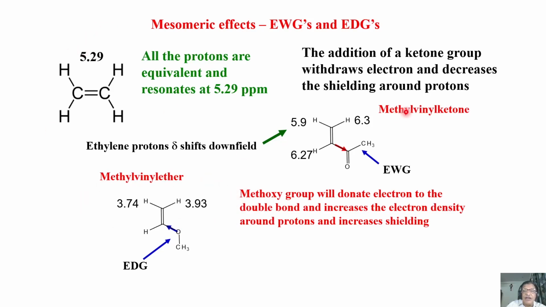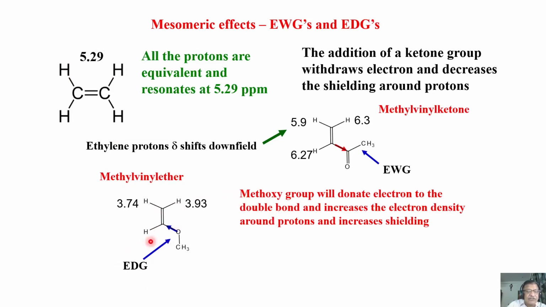Unlike in the previous molecule, instead of moving downfield, in this molecule the protons started moving to high field. Remember, instead of 5.29 ppm of ethylene, these protons started moving at 3.74 and 3.93, much lower than 5. Of course, there is a value for this also. I didn't write it down because all the 3 are non-equivalent. We have 3 different protons.